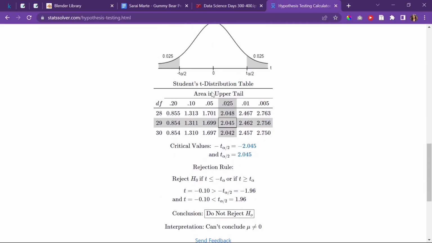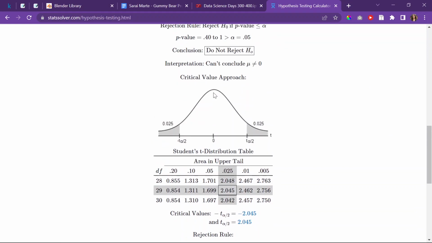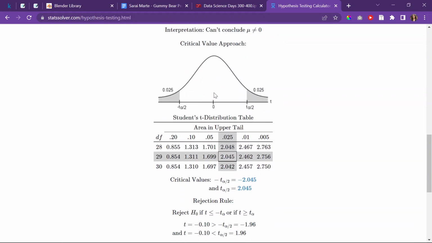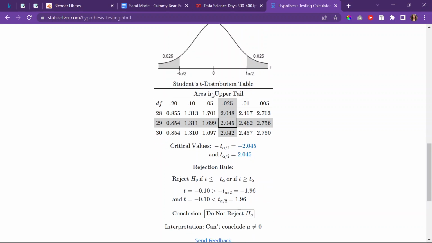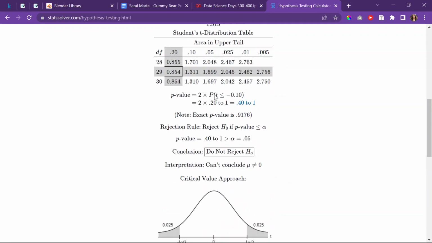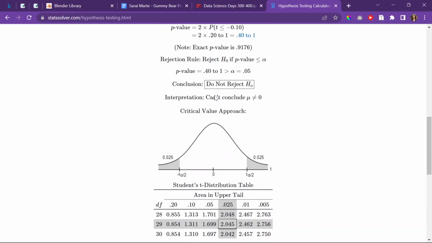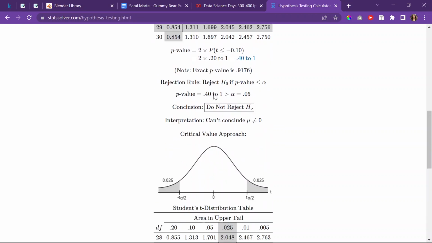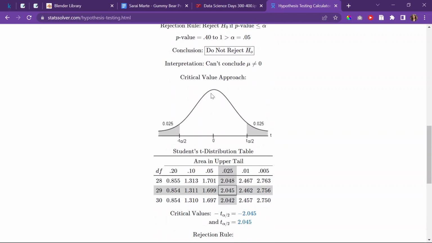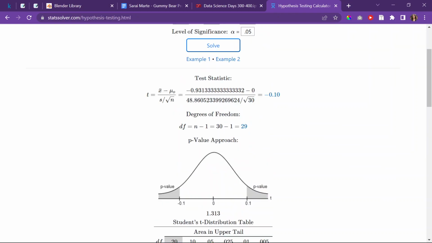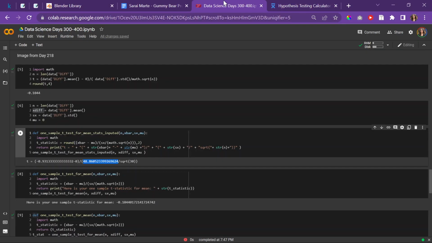Anyway, that was that. Oh, they used the student t table, critical value. Anyway, let's just show you that my code is right at least.